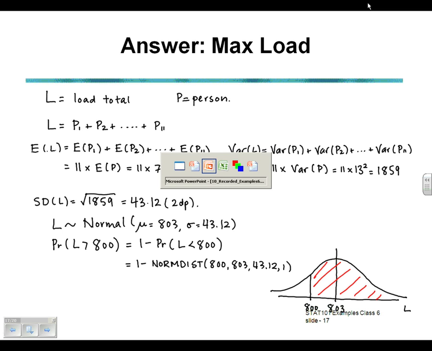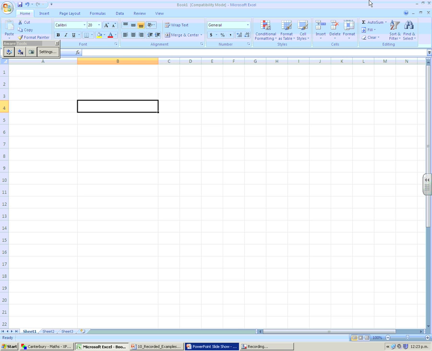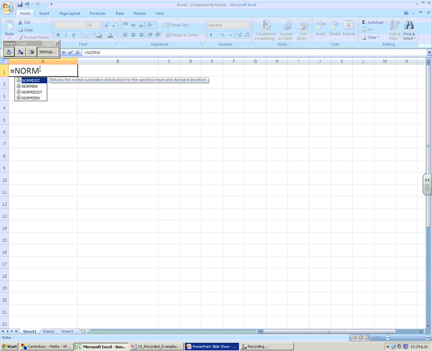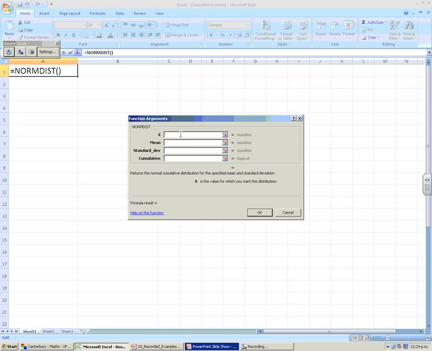And so we'll go into Excel now just to show the calculation for that. Recall in Excel we need to choose the function NORM.DIST, and for X we need to put in 800, we need the mean value of 803.